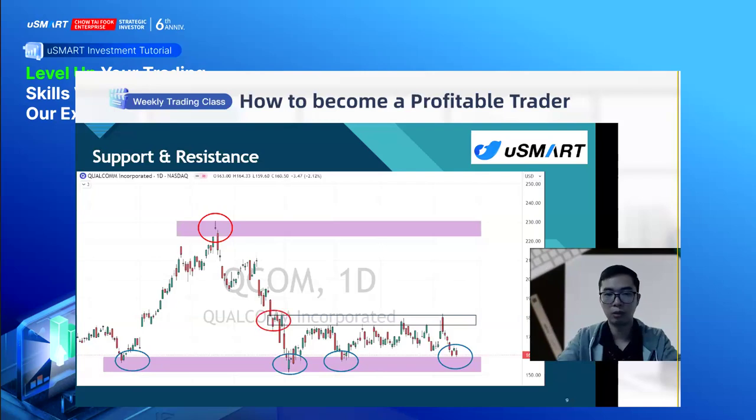It will form certain types of N shapes, it drops, rebounds, and then drops again to break through. And then you can see that when the market hits this area of resistance, it rejects and the price falls down. So we can plot it as a potential resistance for us to target or monitor in the coming future price action.